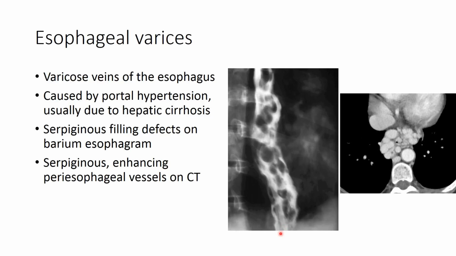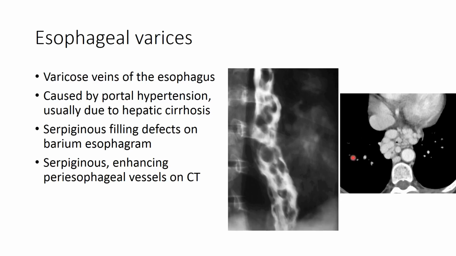One of the alternate pathways that it can use is the periesophageal plexus. So these veins become very large, and what you get on barium swallow is serpiginous filling defects due to these enlarged veins pushing against the area where the barium should be coating.